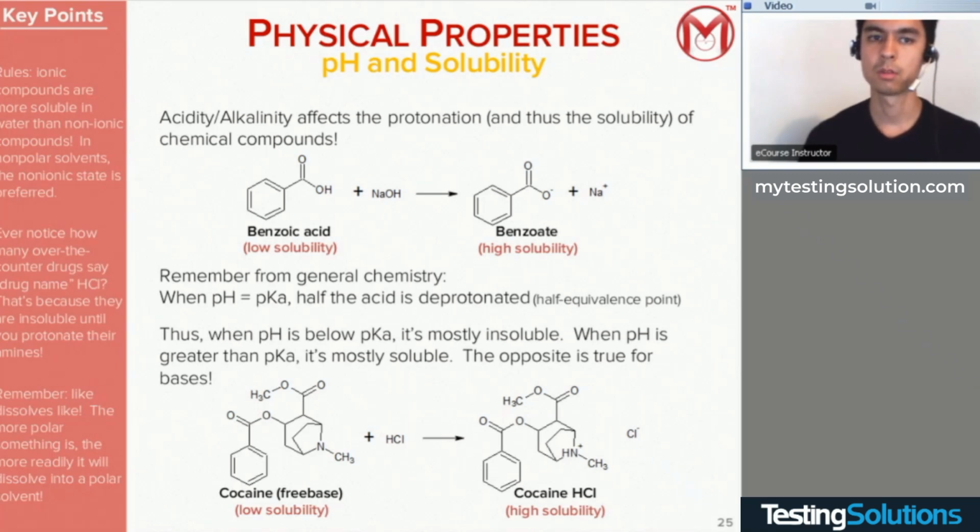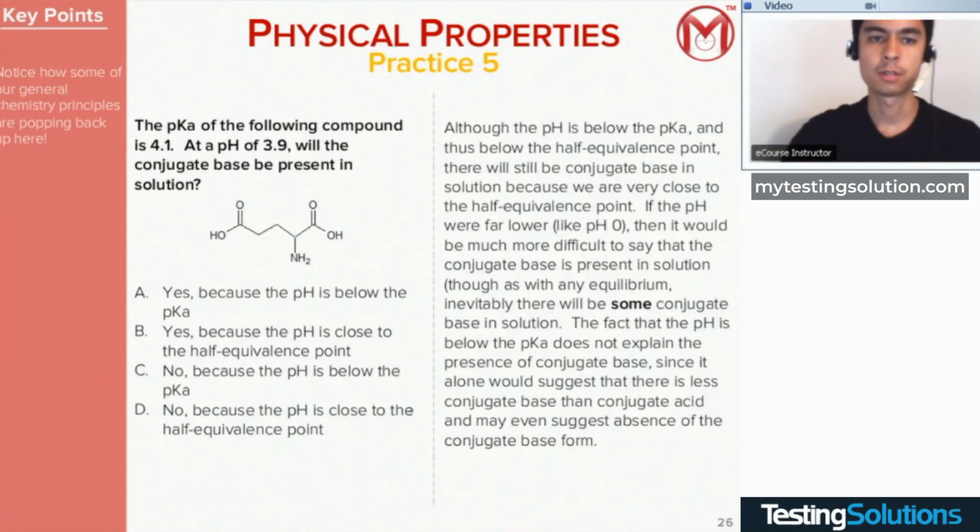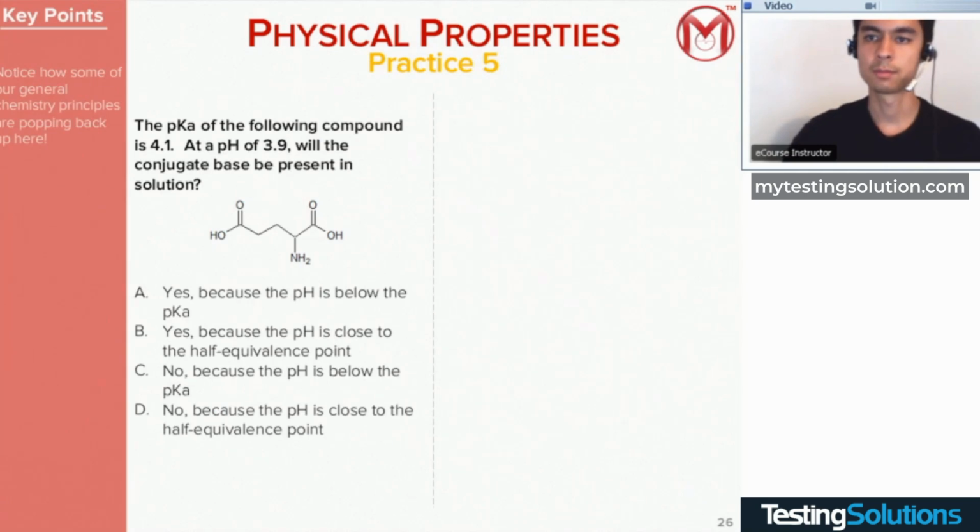Okay? And so let's try out this problem. Okay, so the molecule has a pKa of 4.1. At a pH of 3.9, is the conjugate base present in solution? Remember the titration curves. So my titration curve will look a little bit something like this.